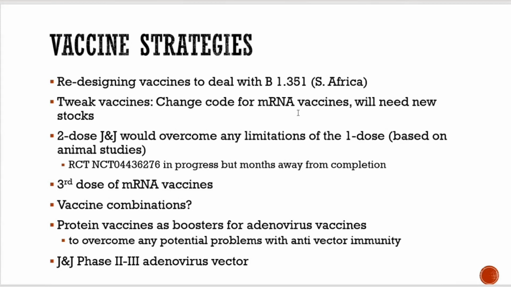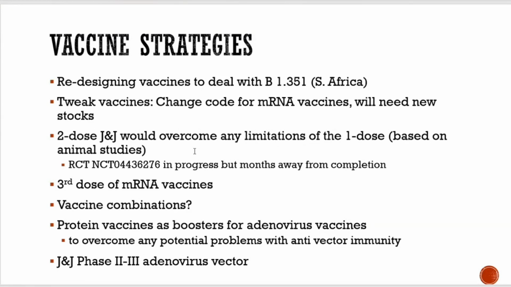For mRNA vaccines, it seems fairly straightforward, right? You just change the code for the mRNA to address the new changes in the spike protein. Of course, then we get into an issue of mass production again and distribution, but they're certainly on their way, where you can envision Pfizer and Moderna giving a third dose of a vaccine to all of us, addressing some of these newer strains.